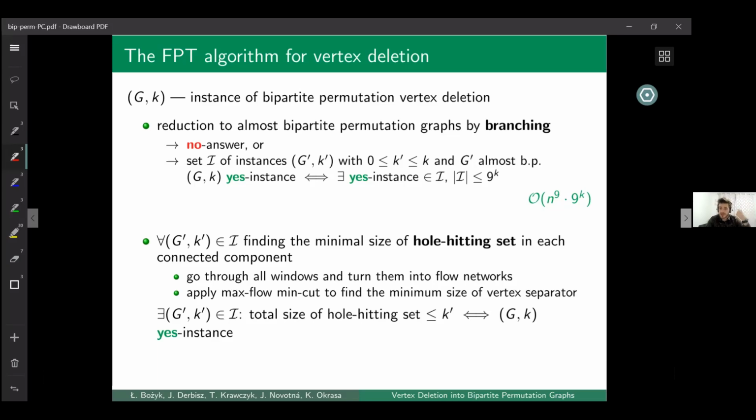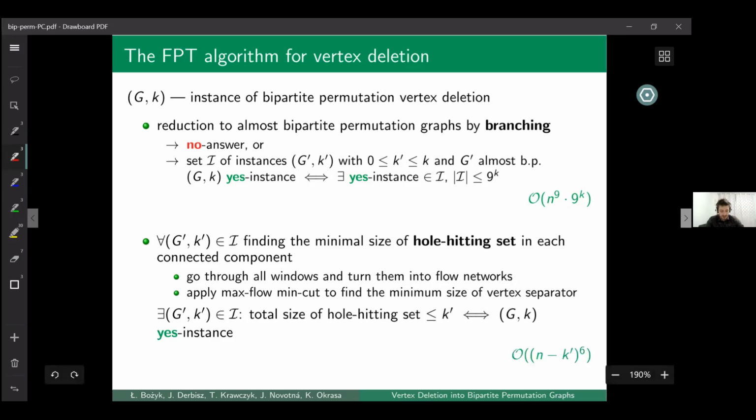After we do it in every connected component, we simply add up the results. So to get rid of long holes in this graph, which is not necessarily connected, we add up the results for all connected components and compare them with our k prime.